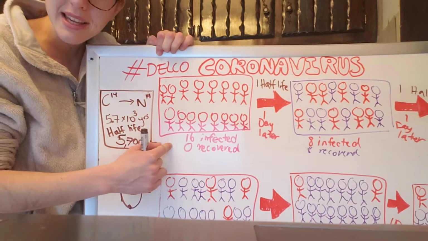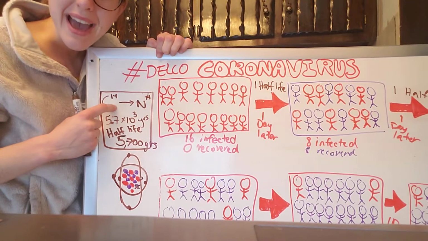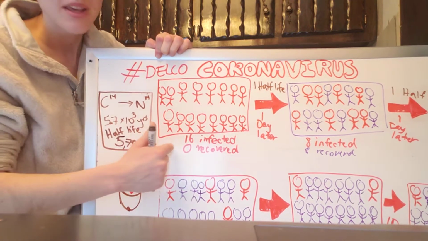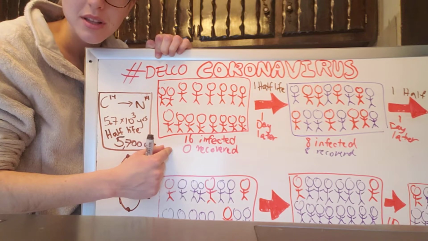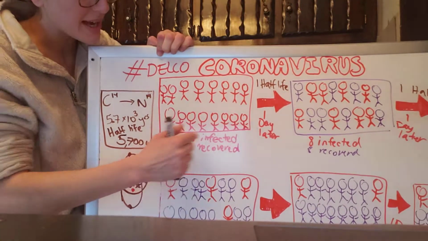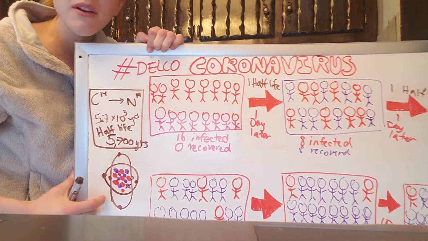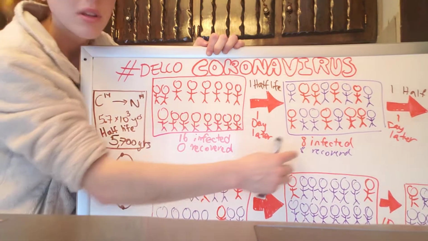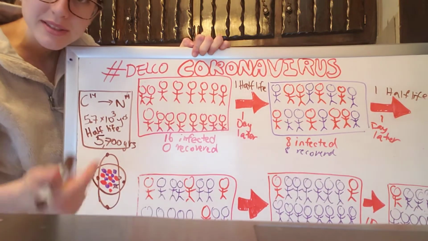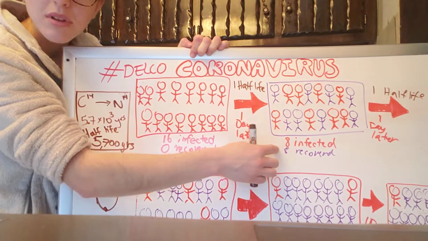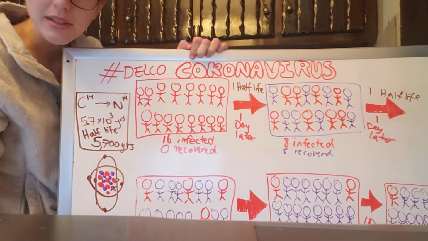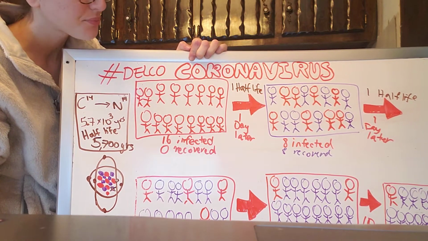Now I have 16 radioactive carbon-14 atoms in a box. They want to turn into nitrogen, but not all of them do. It's random. I'm going to randomly select 8 of them, half of them, to disintegrate into nitrogen-14.